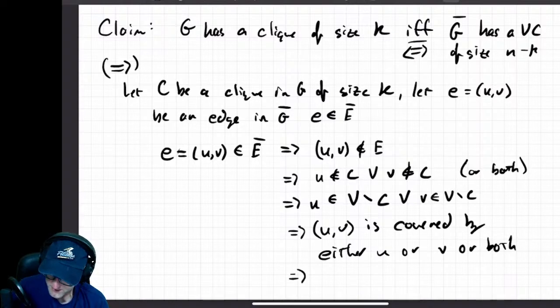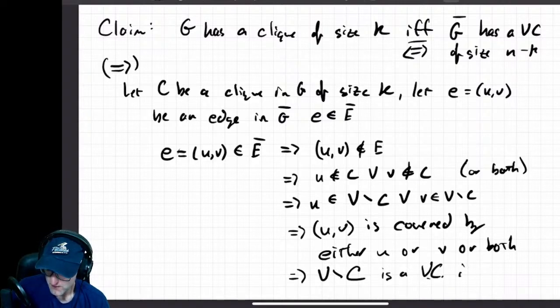Because I was general about this, I just said let this be an edge in the complement graph. It's got to be covered somehow. This implies that V, the set of all vertices, but you take out this supposed clique, is a vertex cover in G complement. What's its size?